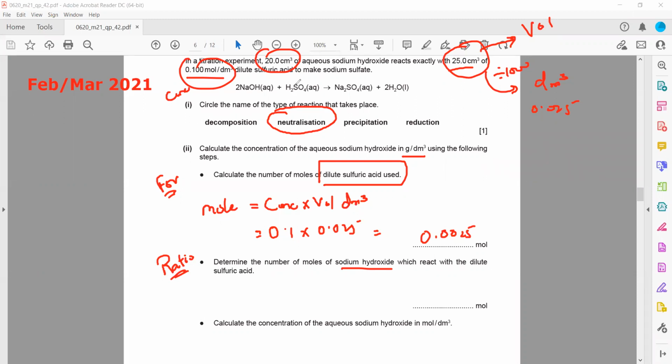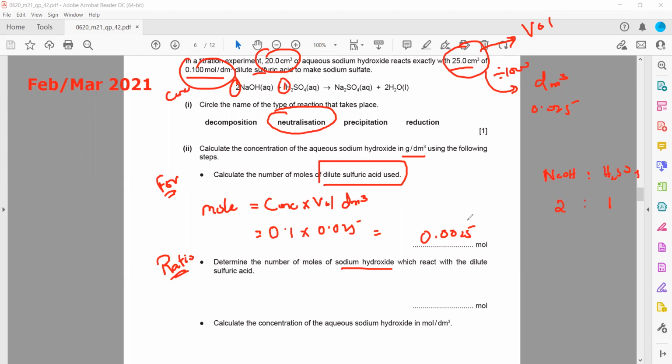We have sulfuric acid, H2SO4, and we are finding sodium hydroxide, NaOH. The ratio between them according to the equation is 2:1. If you have 2 moles of sodium hydroxide, you have 1 mole of sulfuric acid.